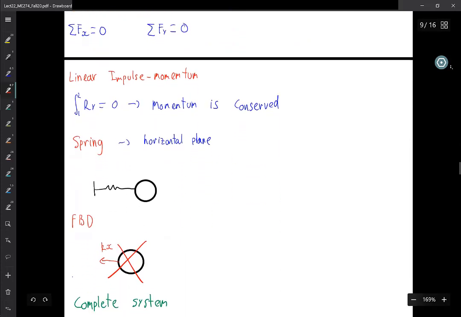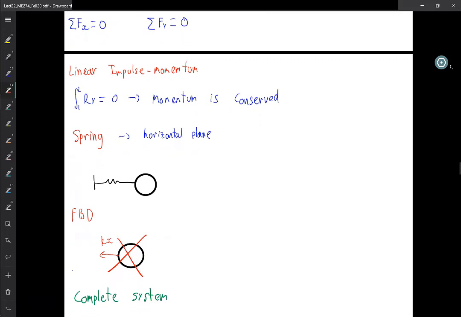Now, springs are a little bit trickier. I think with gravity, it's easy. It's relatively simple to know whether it's changing the momentum or not. But with springs, if you break up your system, you're going to have an internal force, the spring force, and then you say, okay, my momentum is not conserved because I have the spring force.